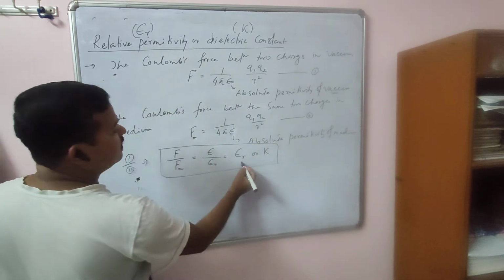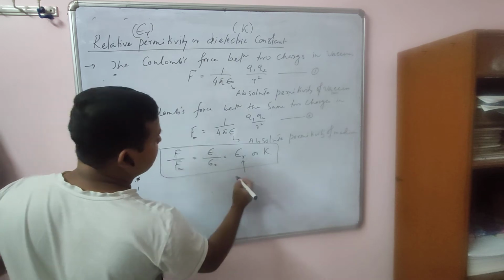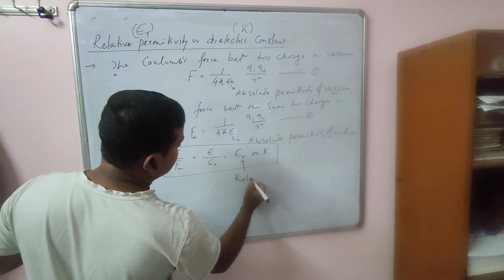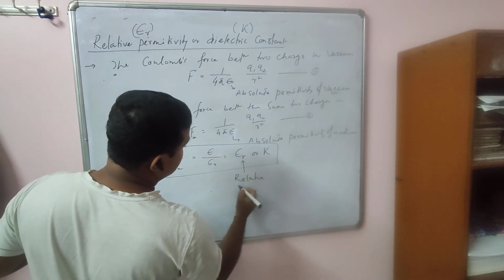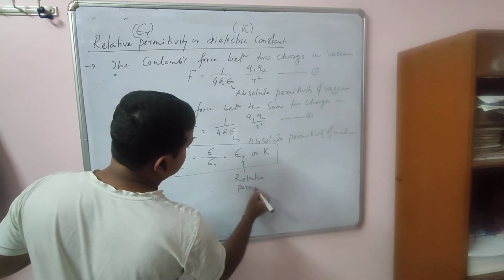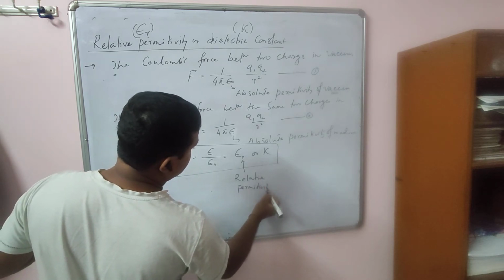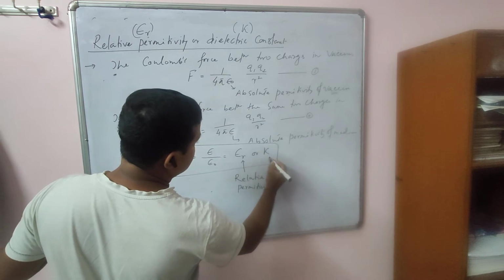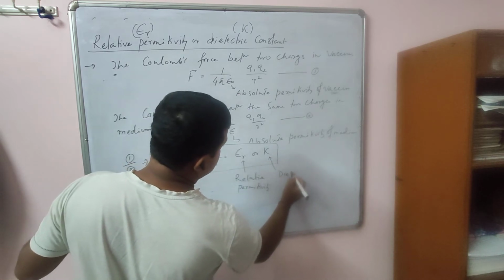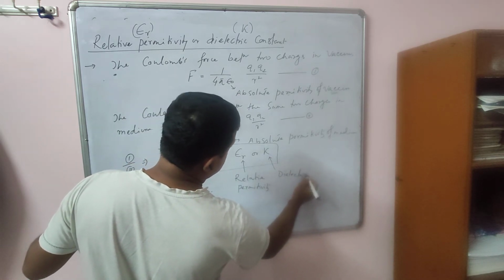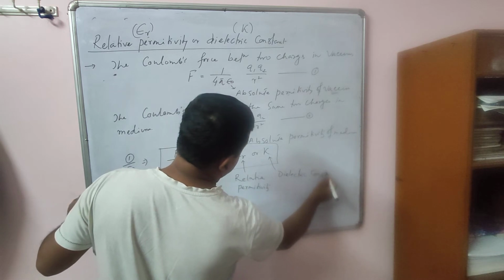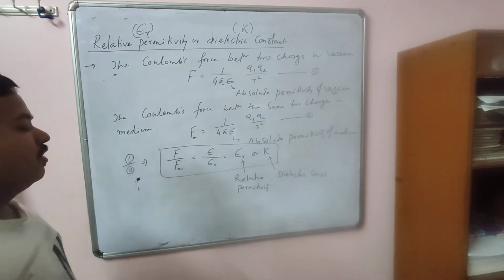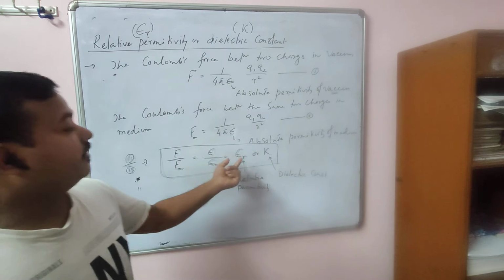So this is our relative permittivity, and this is your dielectric constant. Now from here you can define: what is relative permittivity?